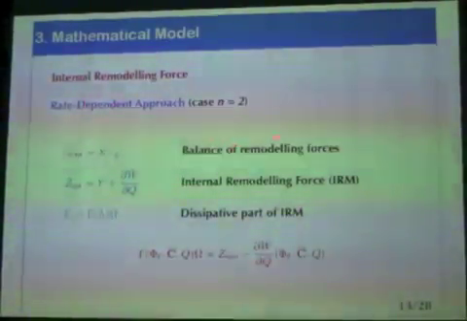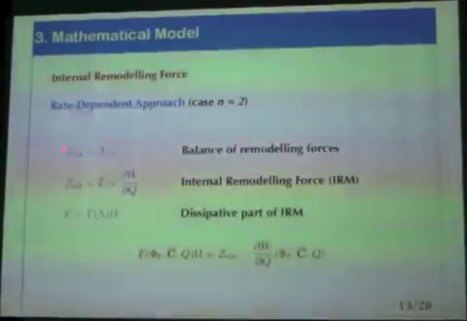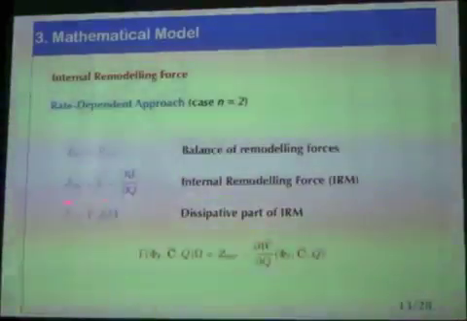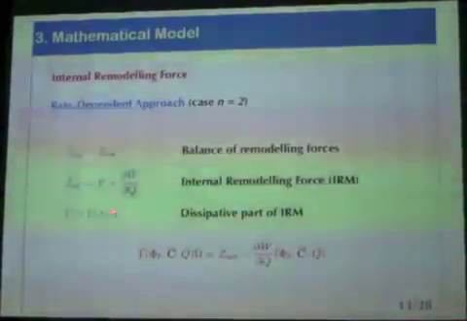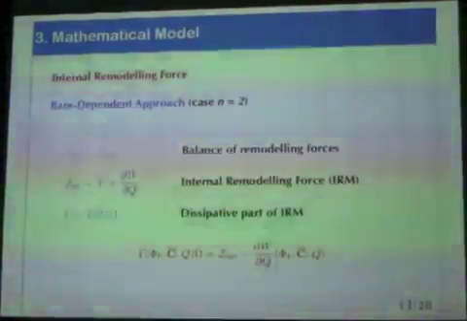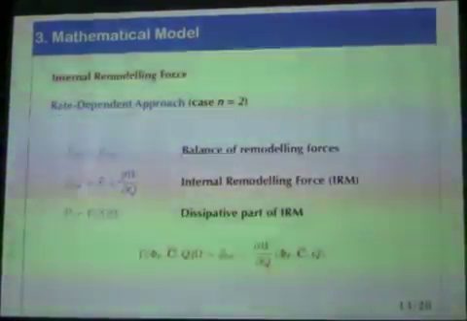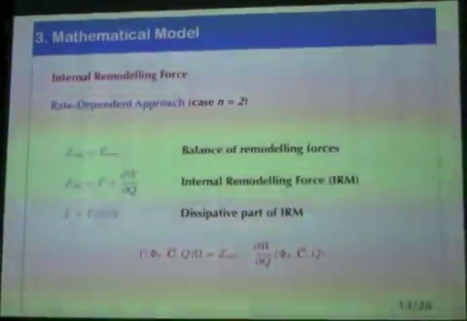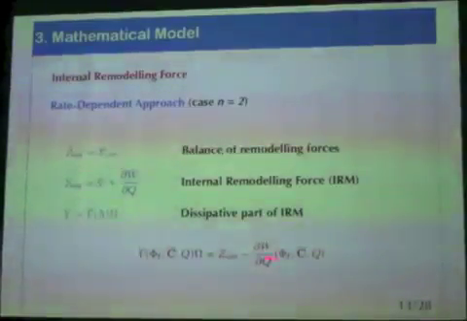So again, we have the balance of remodeling forces with this internal force expressed constitutively, where y tilde is given by this product. Lambda is just the list of all variables which are not related to dissipation. And so this is the evolution law we were looking for.